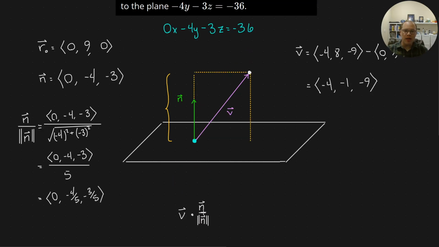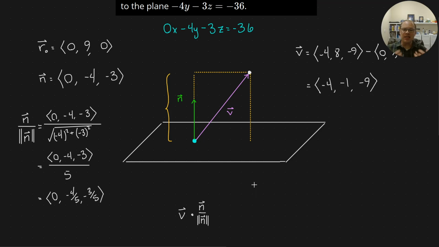Now, the way I've drawn it, it would be a positive component. But if the normal were pointing the other direction, then the component it spits out would be a negative value because it would be going in the opposite direction of the vector we're taking the dot product with.